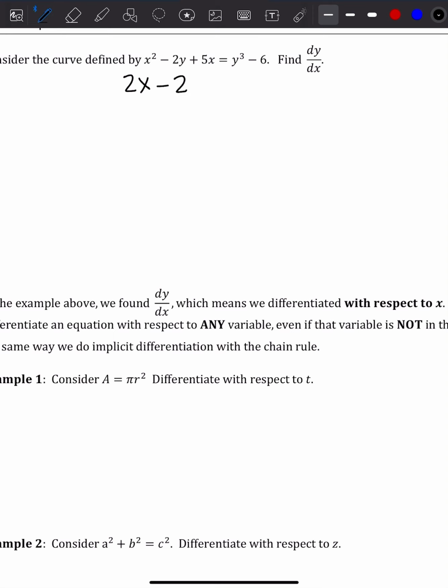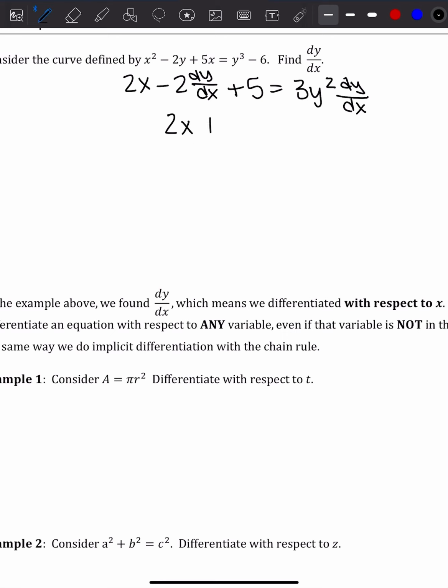Keeping in mind, when we take the derivative of y, we also need to use chain rule, multiply it by dy over dx. Then we need to get dy over dx by itself.